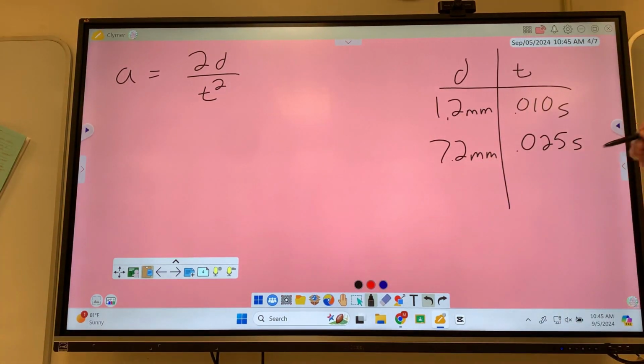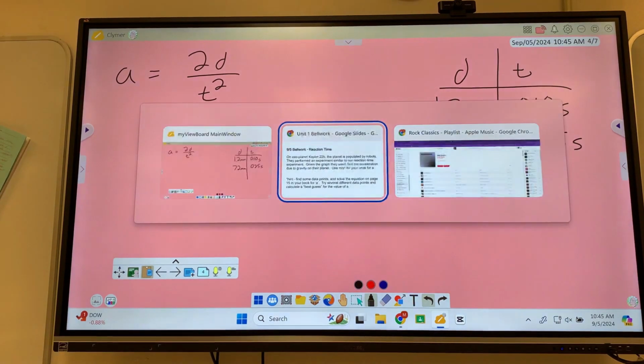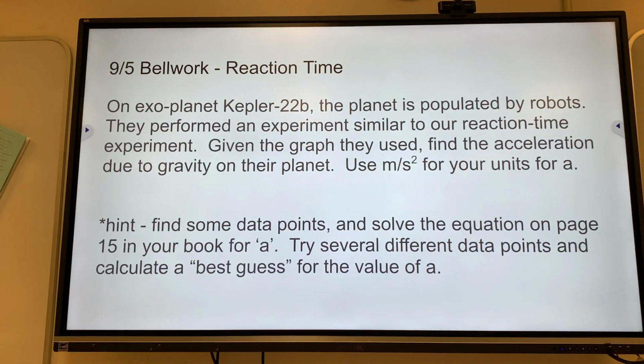So now we have some points. Now again, per the Bellwork, what units do we want to solve for A? What's the unit going to be? Not seconds. This was in the Bellwork. Let's go back. Meters per second squared.